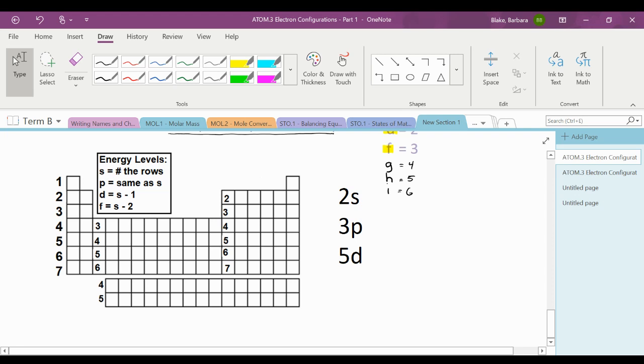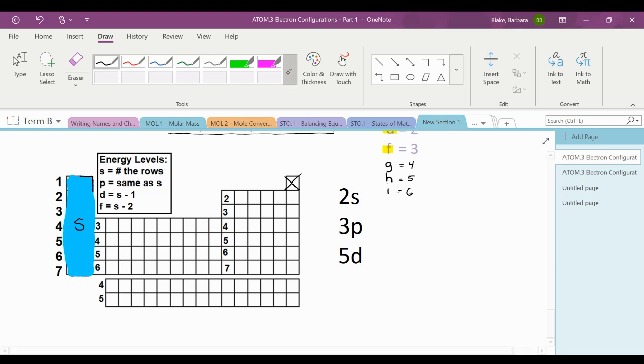Now, what we need to do with this periodic table is we need to get rid of helium over here for the purposes of electrons, and we're going to move helium over here. And if we move helium over here, I can take my periodic table and I can color these, and these are going to represent my s orbitals.